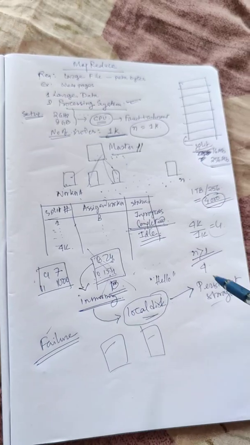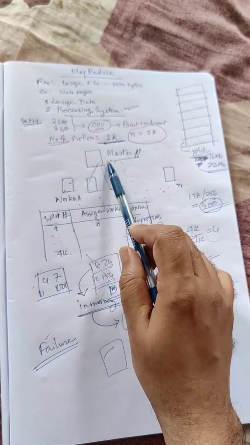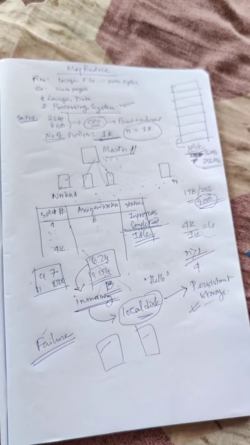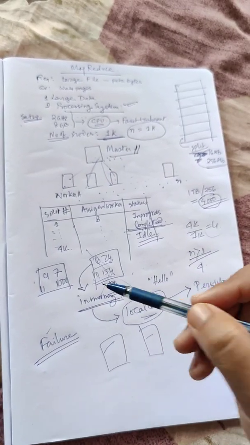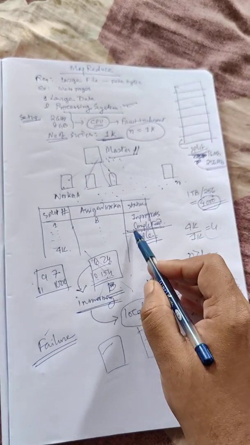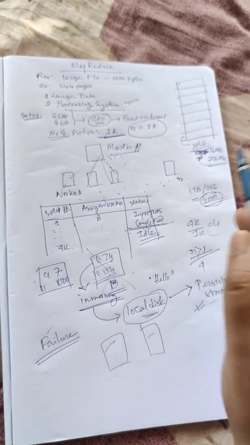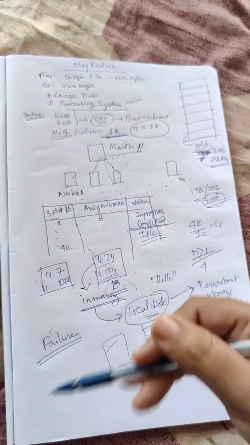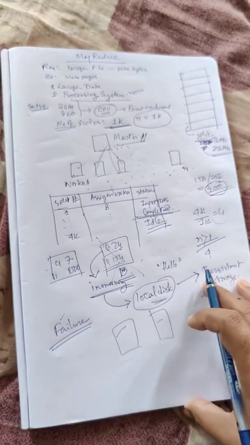But if it is written to persistent storage, then the master doesn't need to take any action. But if it is not in persistent storage but only on the local disk which is already gone, then the master needs to reassign the task and make the status in progress, because it needs to restart that searching process, right?